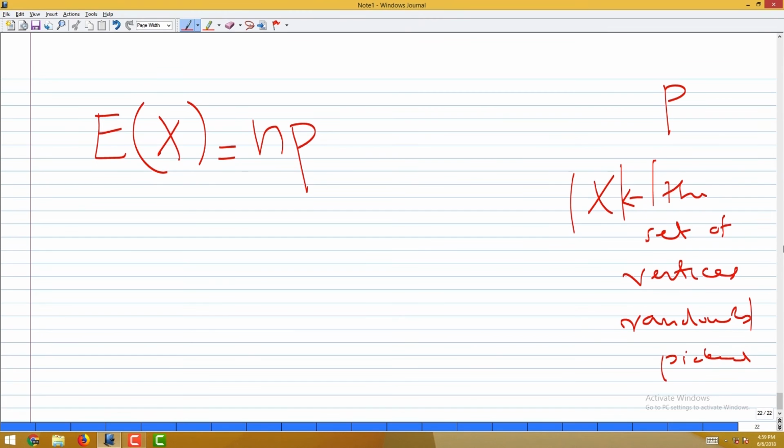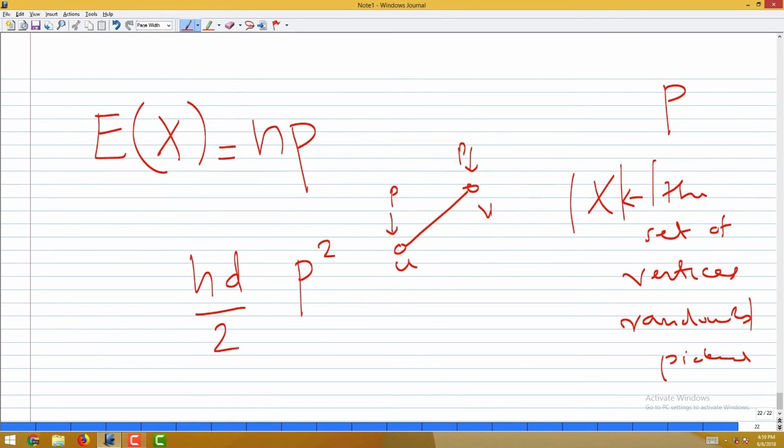So then you ask, how many edges are expected in the selected set? If, for example, an edge uv has to be there, both u and v should be picked up. So what is the probability that both u and v are picked up? Because they are independent coin tosses, p probability this will be picked up, p probability this will be picked up.